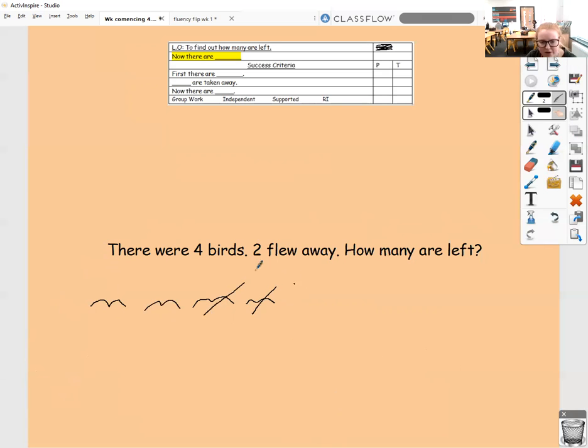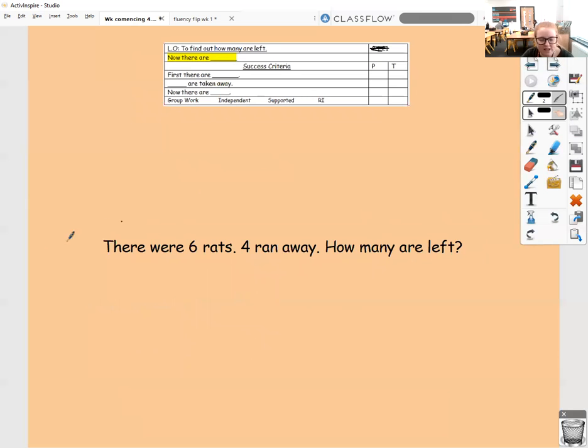So first there were 4 birds, then 2 flew away. How many are left? Let's have a look. 1, 2. So how can I write this in a number sentence? I could write that first there were 4 birds, and then 2 flew away. So 4 take away 2 equals how many are left? Equals 2.